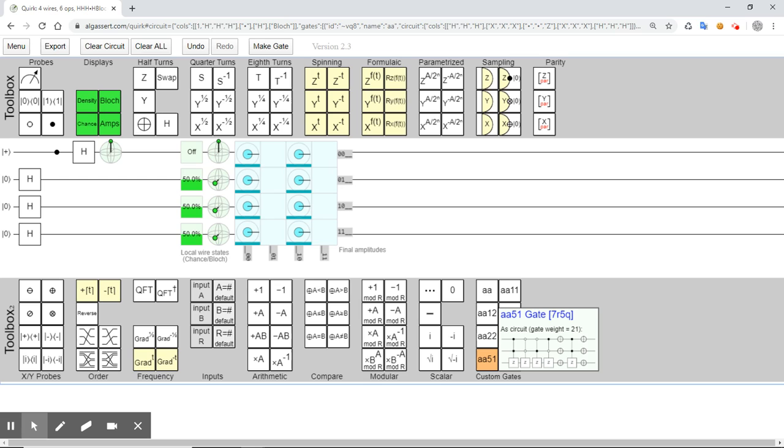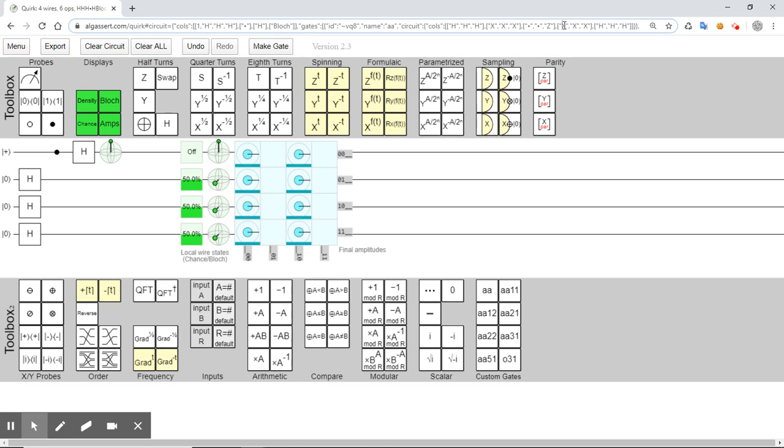So A51. Can I take a look at these? I think I could. Because this is VQ8, I can actually fix that. See if I can copy these to AA51.